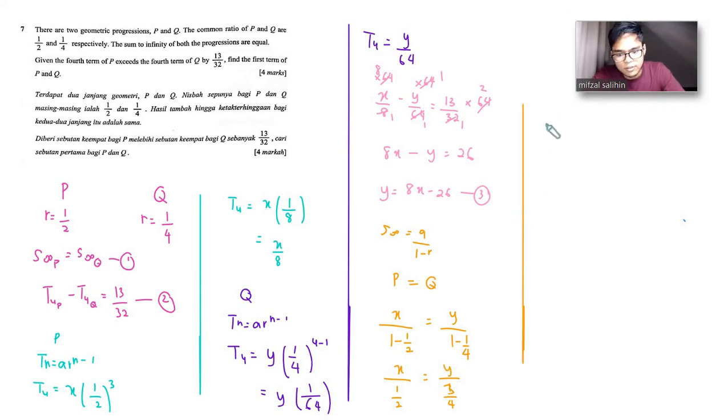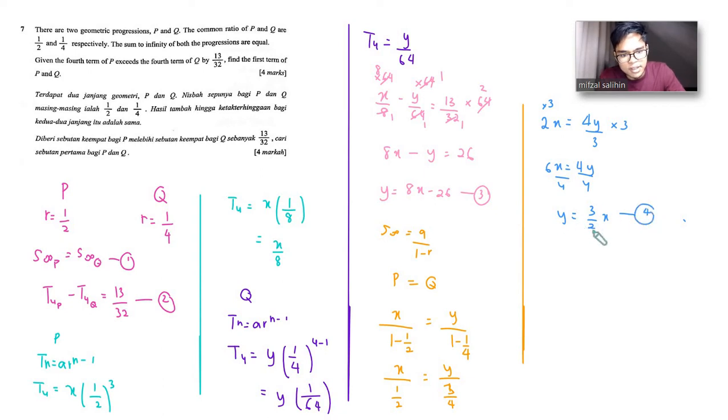So what we'll get over here is 2x is equivalent to 4y over 3. Multiply both sides by 3, so 6x is equivalent to 4y. Divide, so y is equivalent to 3/2 x. So this is our fourth equation over here.